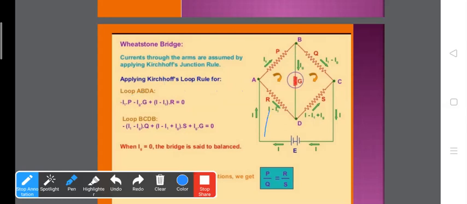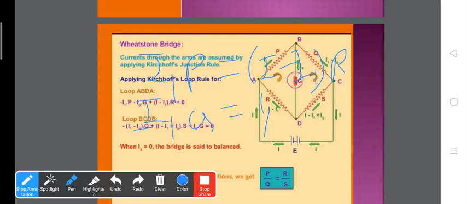From these two equations, we will get I1P equal to (I minus I1) into R, and from equation 4, I1Q equal to (I minus I1) into S, right?